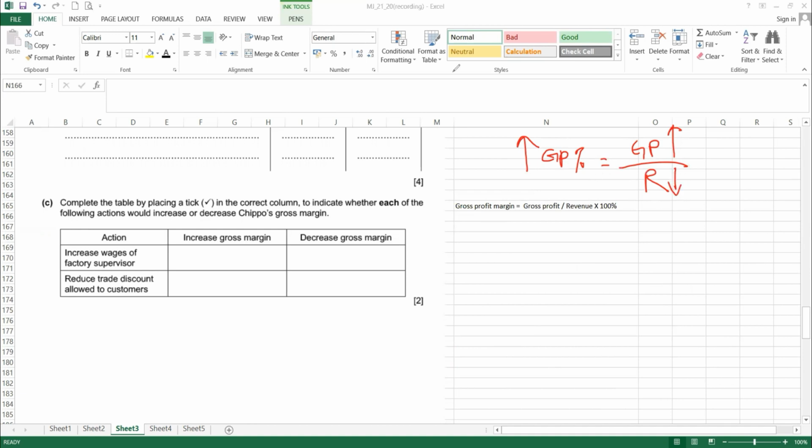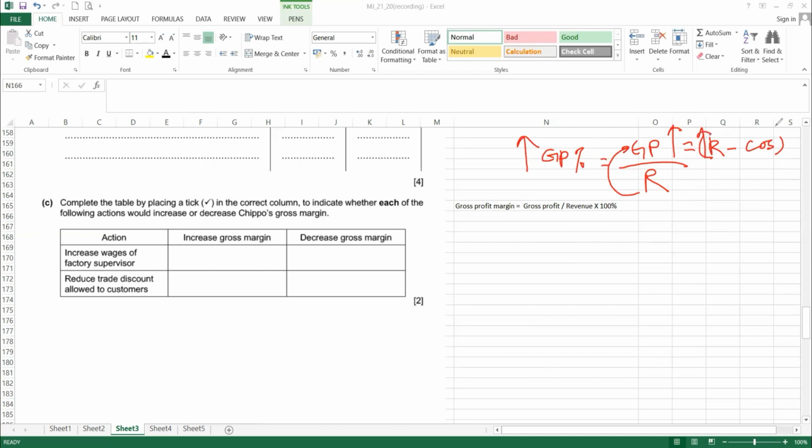But because revenue is part of gross profit, where gross profit is revenue minus cost of sales, in this case the revenue cannot be reduced. You must increase the revenue.